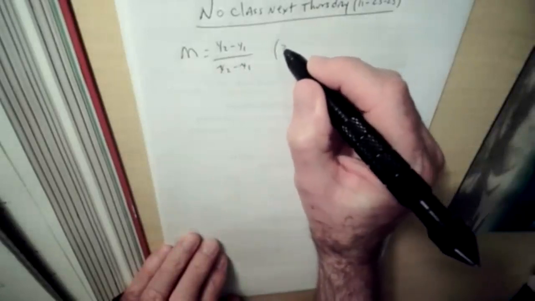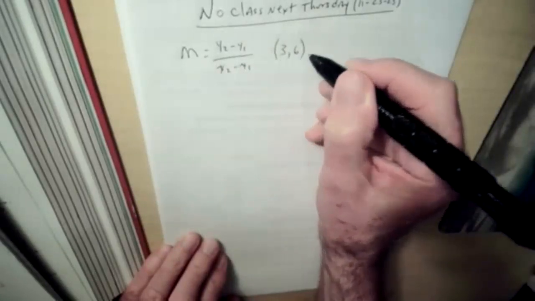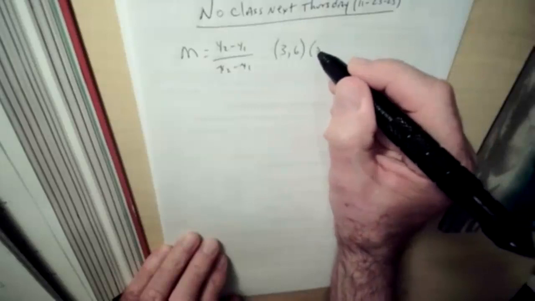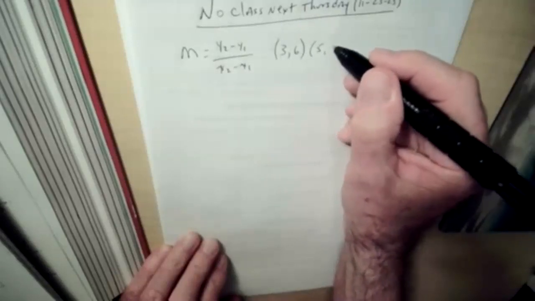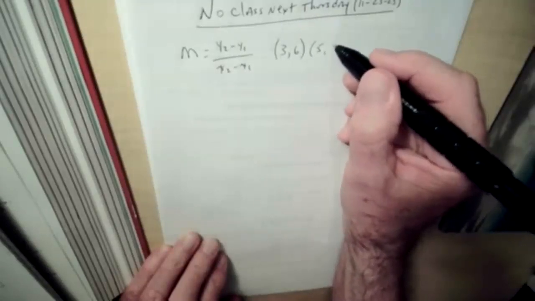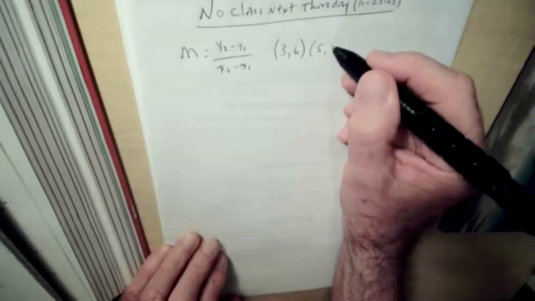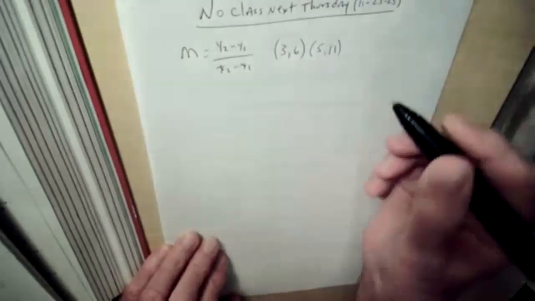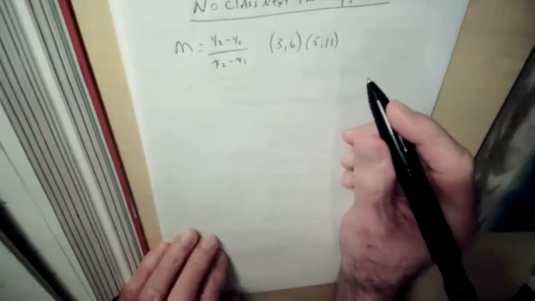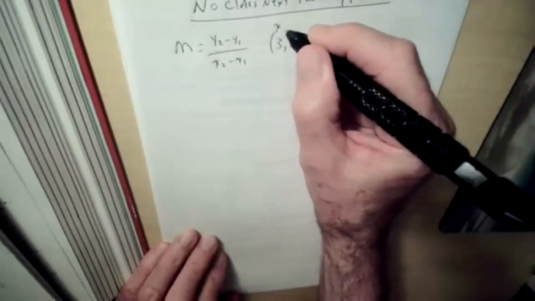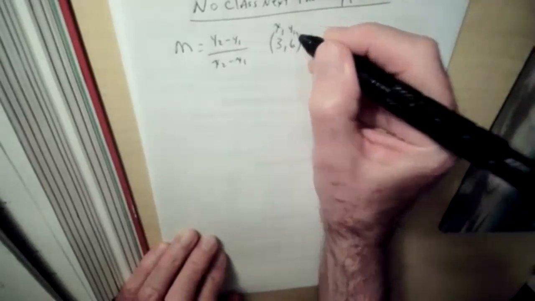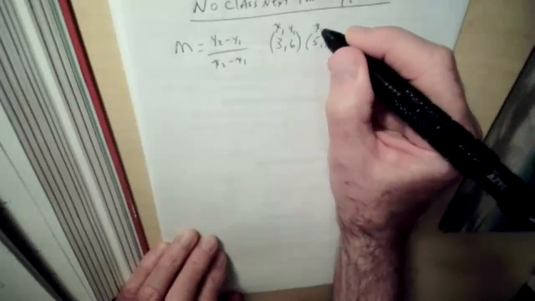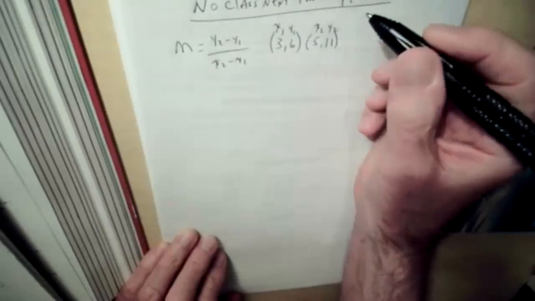So if we have (3, 6) and (5, 11). Remember, they're always in the form x, y. x1, y1. x2, y2.